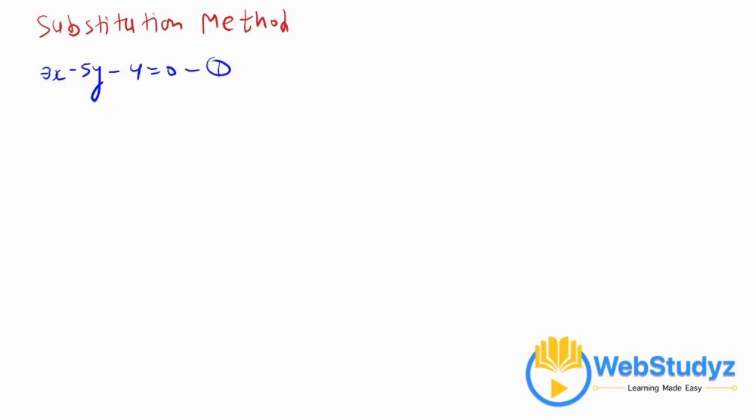This is our first equation. And the second equation we have is 9x minus 2y minus 7 equals 0. This is our second equation.